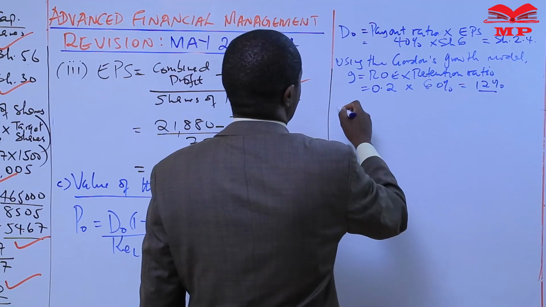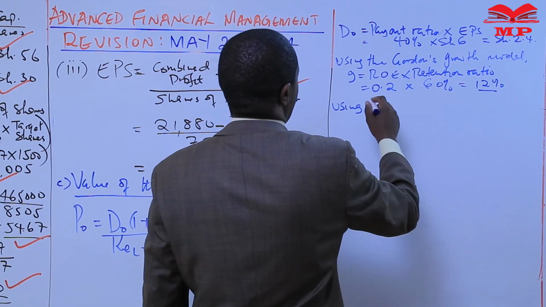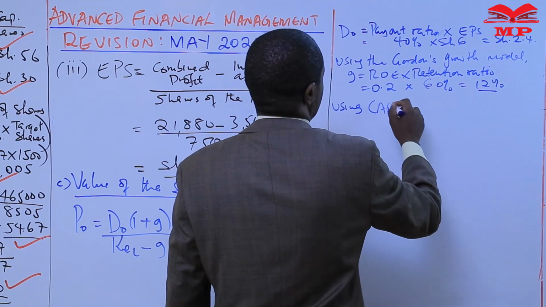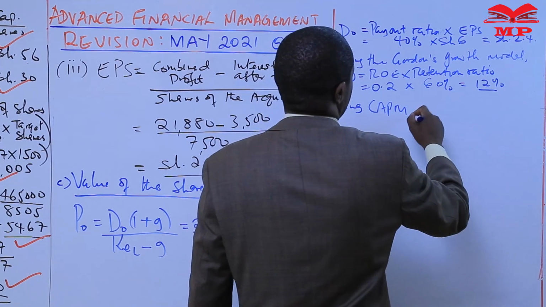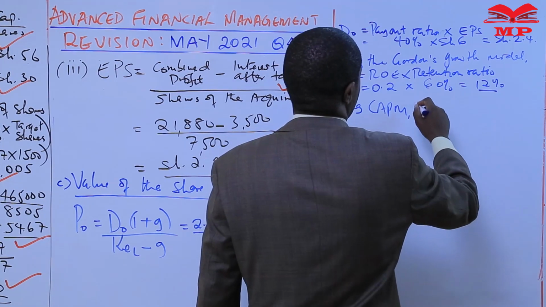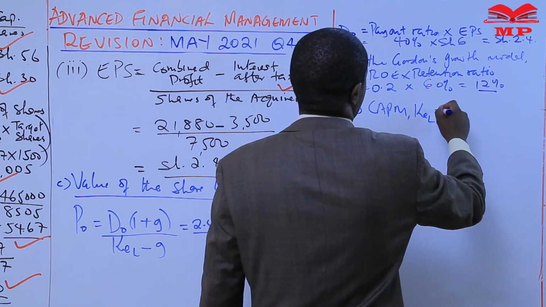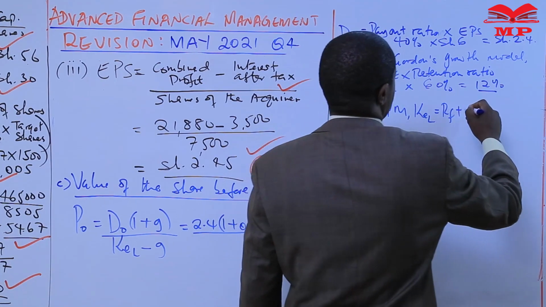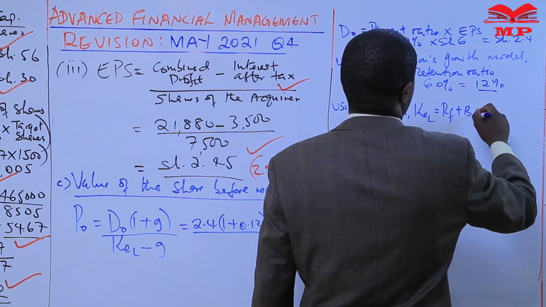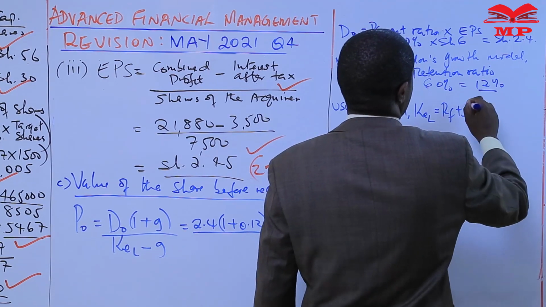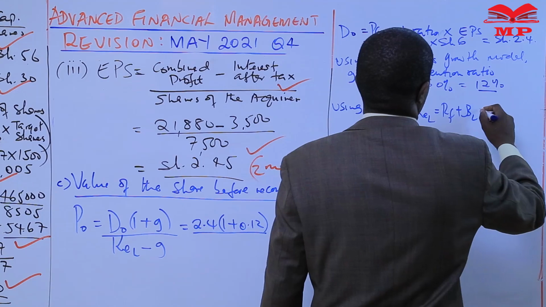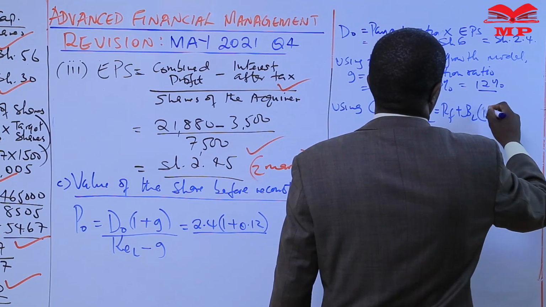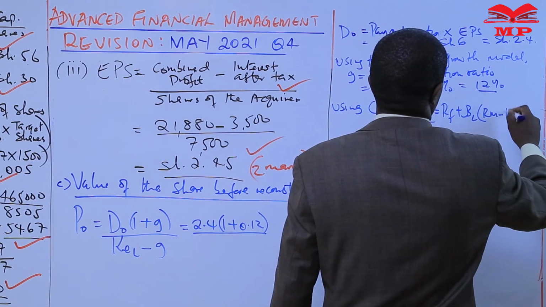Candidates, using CAPM, the cost of equity of a levered firm is equal to the risk-free rate plus beta of the levered firm times RM minus RF.